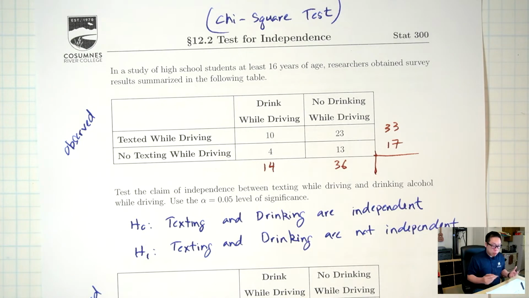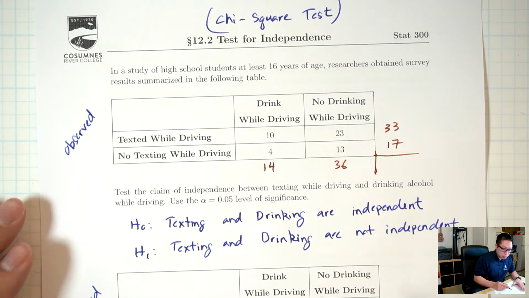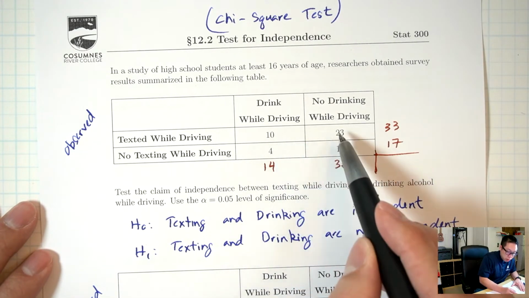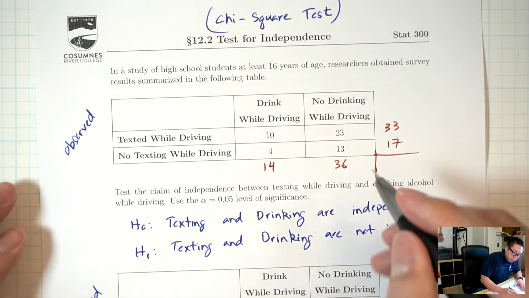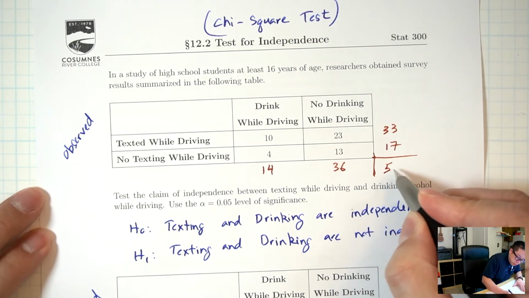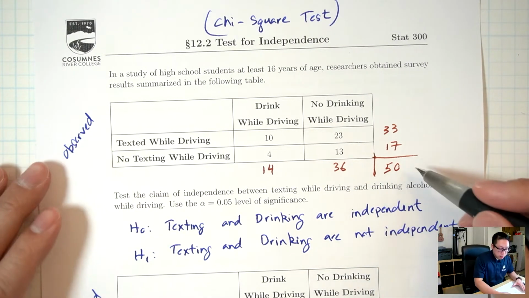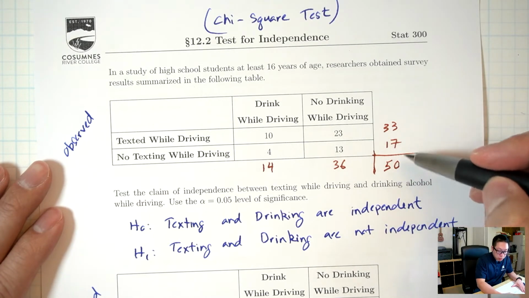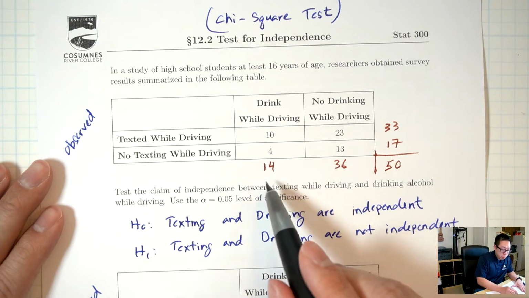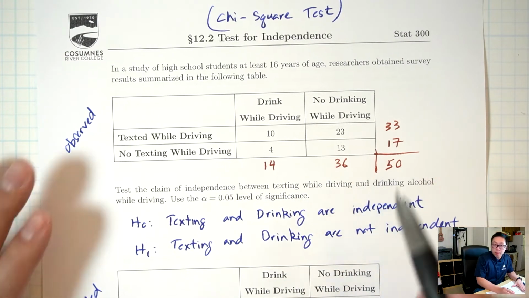So the total of all the original numbers. So 10, 23, 4, 13, so add those up. Ten plus 23 plus 4 plus 13 is 50. You could have also gotten 50 by adding the row totals, so 33 plus 17 is also 50, or the column totals, 14 plus 36 is also 50.